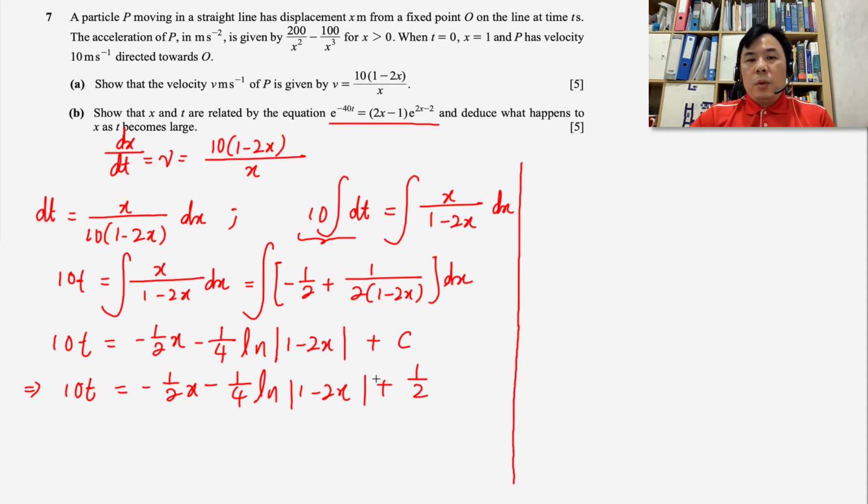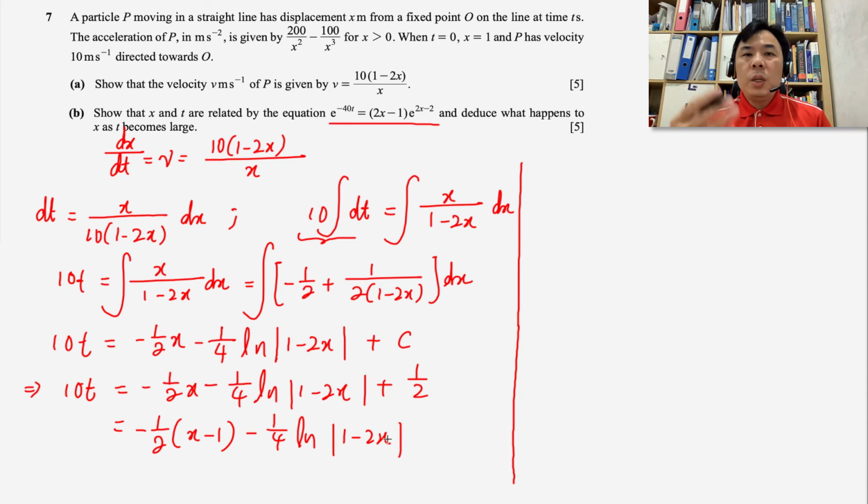Okay, now before I do anything, I'm going to combine the numbers together. For instance, in this case, I can rewrite as half x minus 1 minus quarter. Now the usual case is to combine the non-logarithmic terms together, and then the logarithmic terms will be separated into their own group, right?